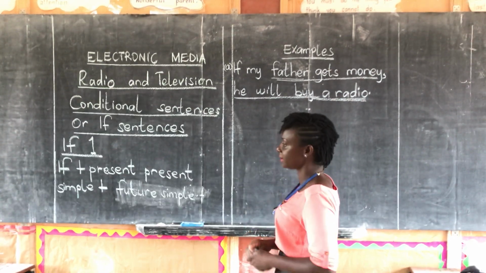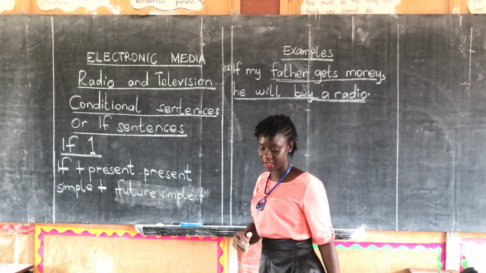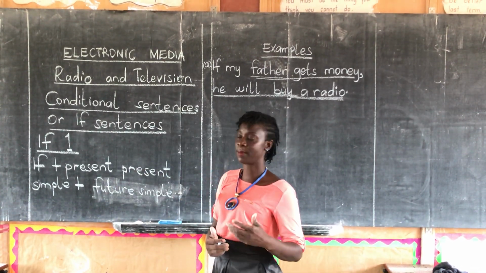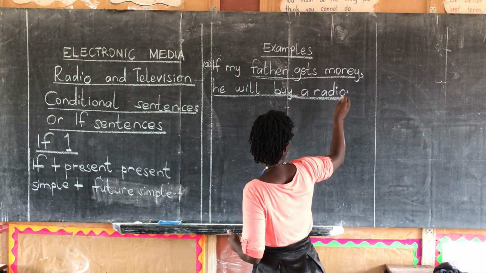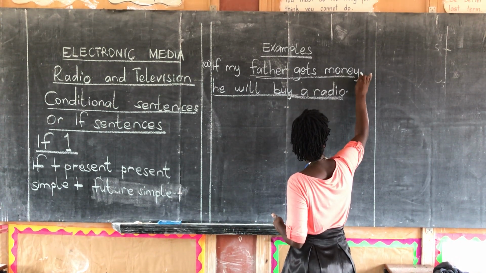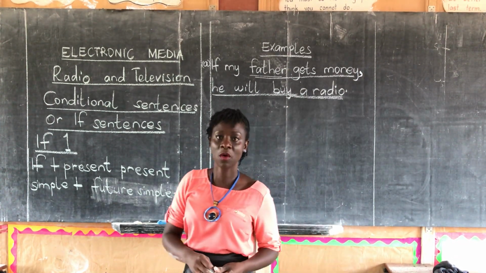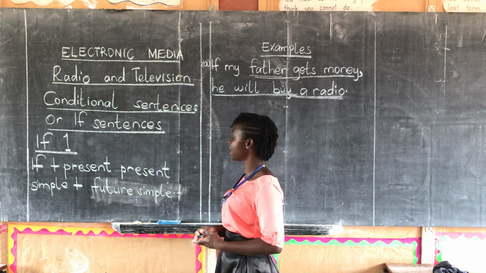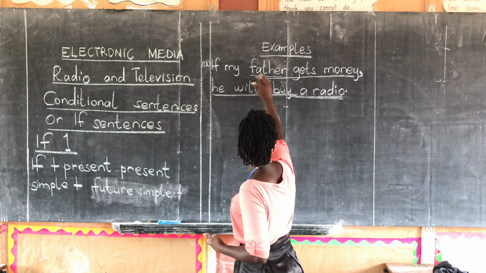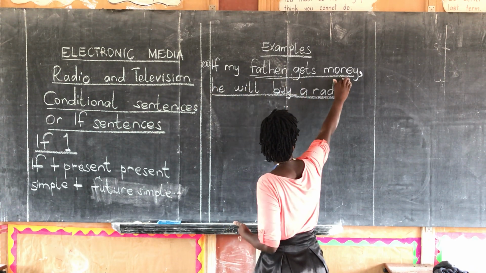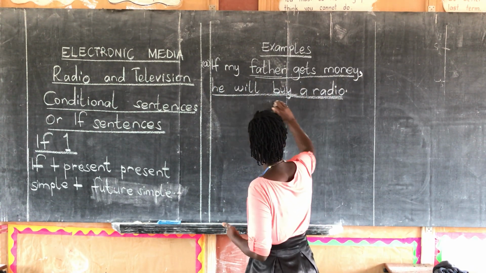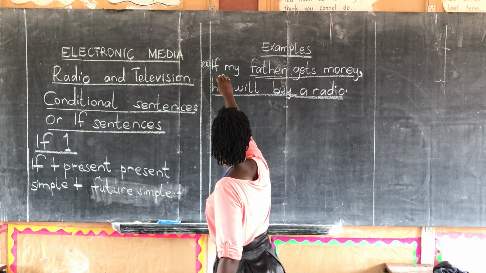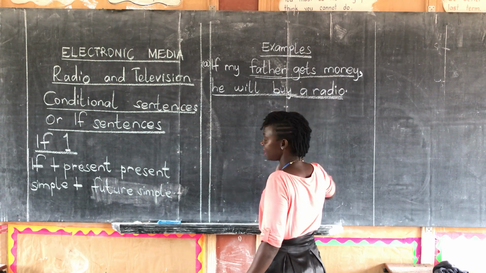Now remember that in primary 6 we talked about clauses. Even in P7, a clause is a part of a sentence. Clauses may be separated by commas, or they may be separated by conjunctions or any other words. So here we have got 2 clauses. This is the first clause, then we have a comma, and we have another clause here. When you look at the first clause, it says, if my father gets money.